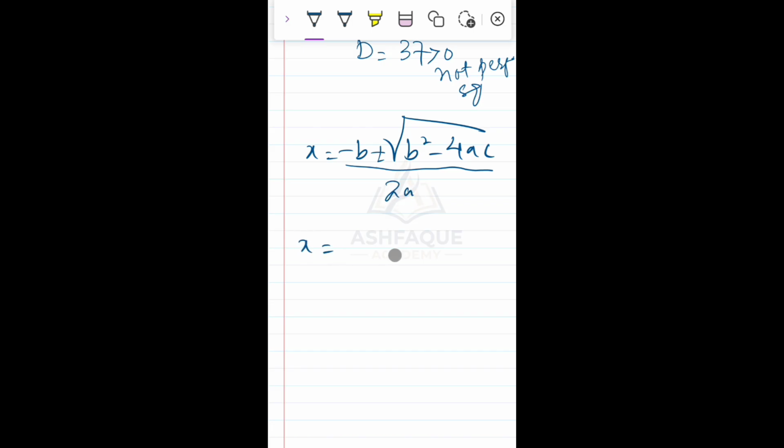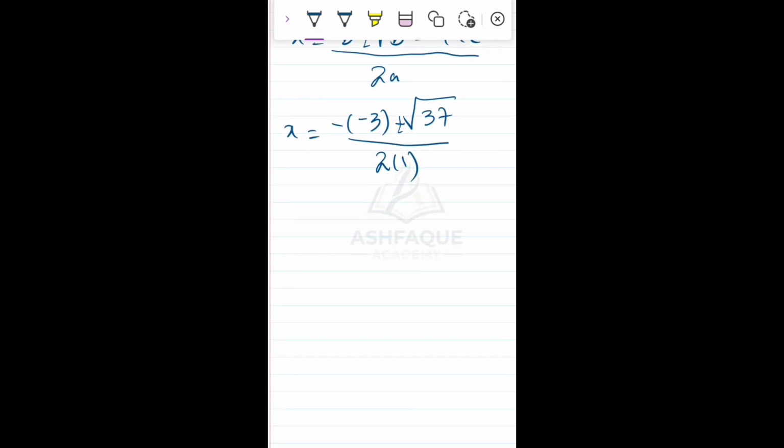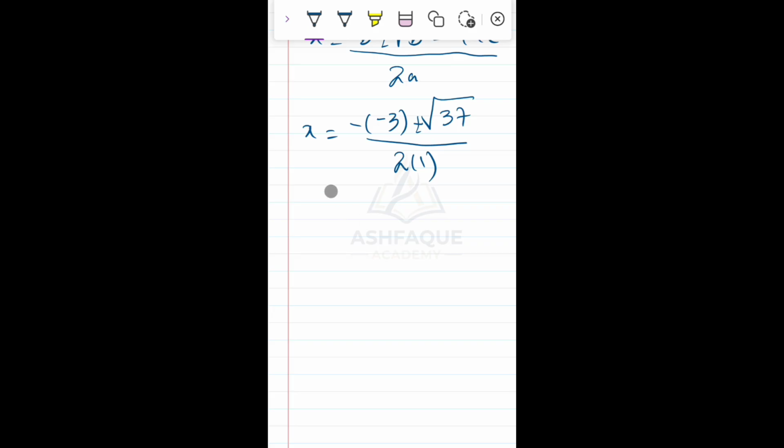So x equals to minus b, what we have, minus minus 3 plus minus under root b square minus 4ac, we already calculated it, that is 37, upon 2 into 1. So the final answer will be x equals to 3 plus minus under root 37 upon 2.